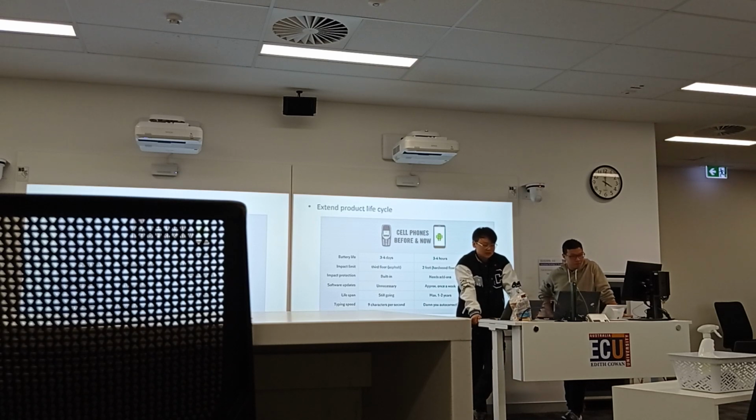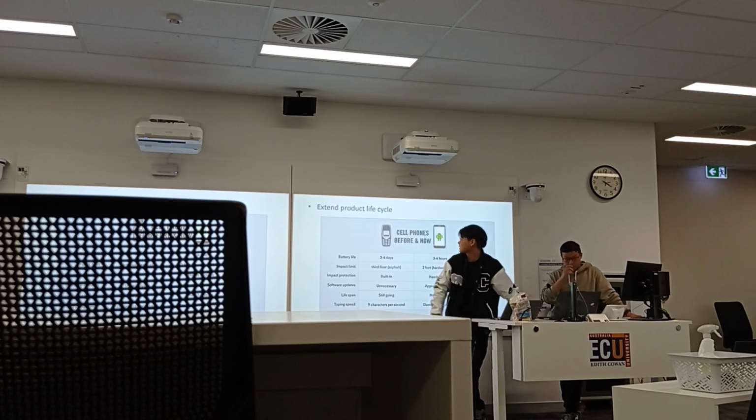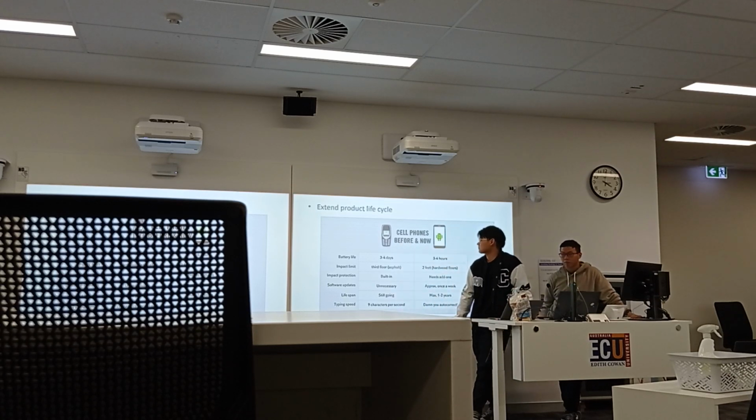The longer the lifespan of the components is, the fewer resources people develop, possibly meaning more transition to the circular economy. For example, the old phone, like the Nokia, old phone brand, sorry.